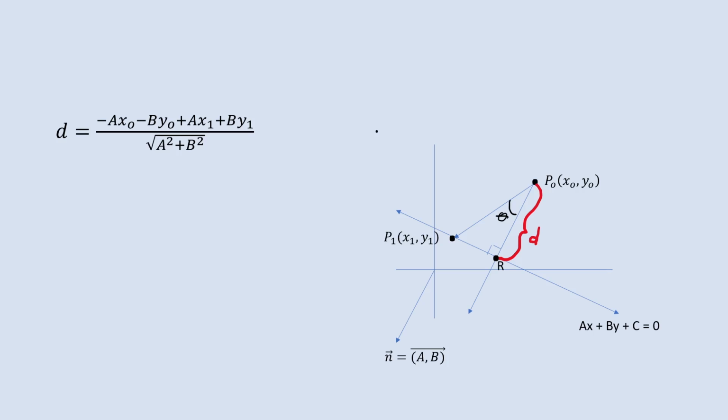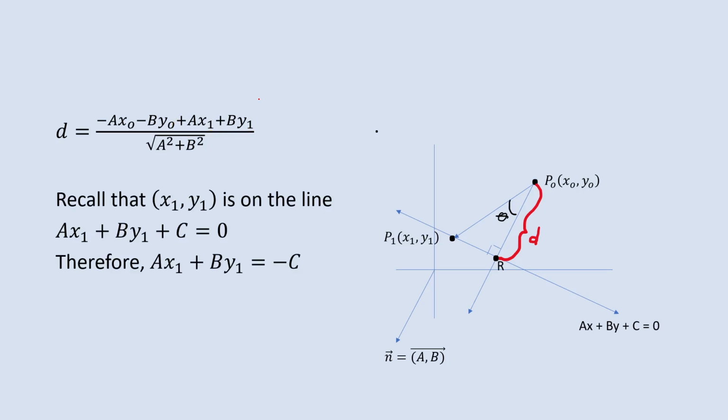Now, interestingly about this little part at the end here, this a x1 plus b y1, let's focus our attention there for a moment. Recall that the point (x1, y1) is on the line a x1 plus b y1 plus c equals 0. So if we move that c value over to the other side, we get a x1 plus b y1 equals negative c.